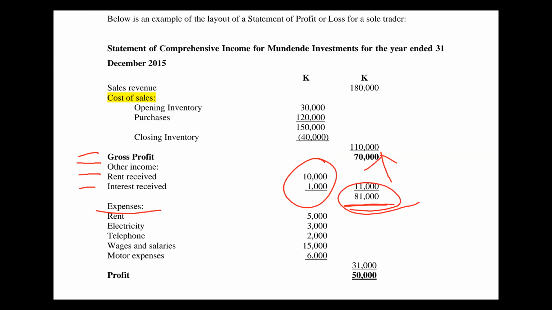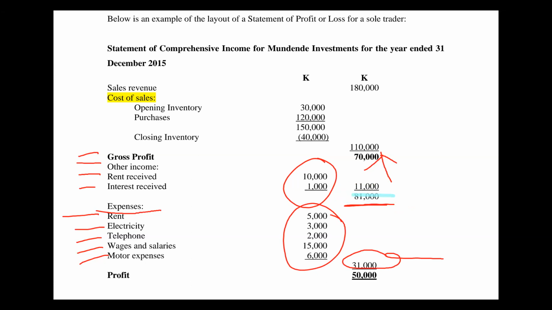The expenses include rent that you pay as a business, electricity, telephone, the wages and salaries, the motor expenses, and many more expenses that we're going to talk about in this conversation. All the expenses are listed here. You sum them up, and you have them here as 31,000. Then you deduct them. The expenses should be subtracted from this total revenue.